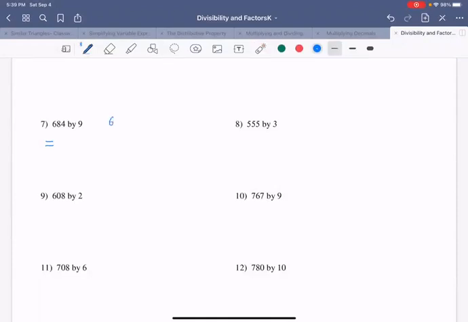If you see here, if this guy plus this guy plus this guy, how much? 18. Yeah, 18. If this is divisible by 9, then this number will be divisible by 9.